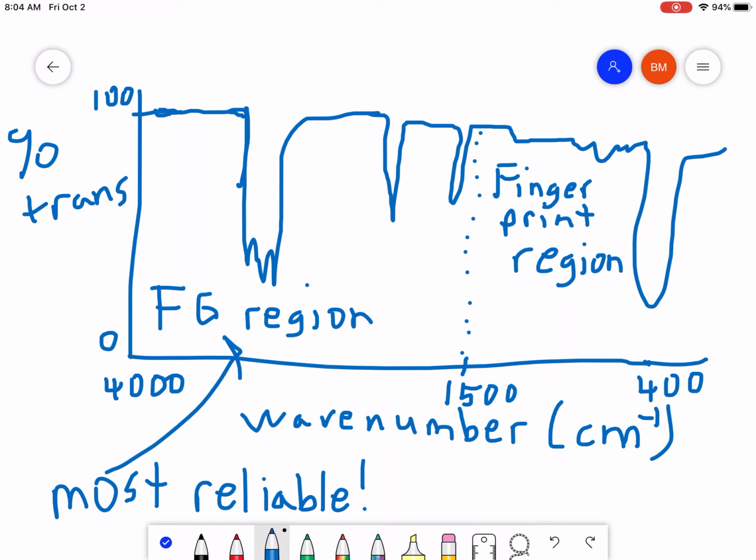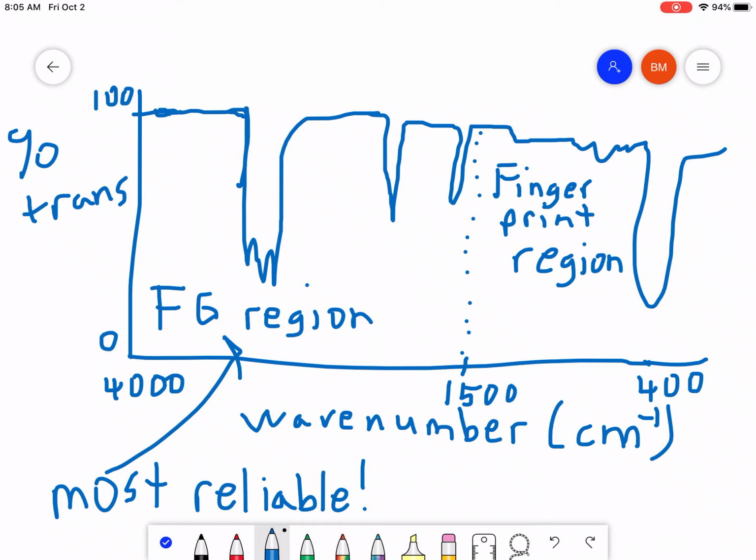The fingerprint region is a little different because, as you can infer from the name, fingerprints are meant to be unique, individual identifying characteristics. You could have 10 different alcohols that you run a spectrum of. They might look very similar in the functional group region, but they're all probably going to look different from each other in the fingerprint region, because each one has its own unique stamp below 1,500.